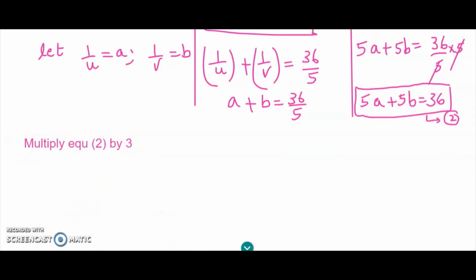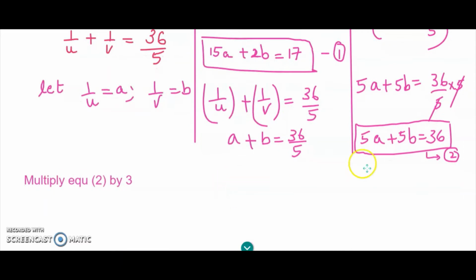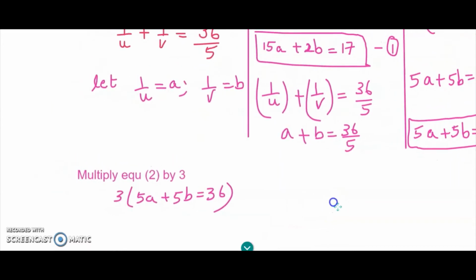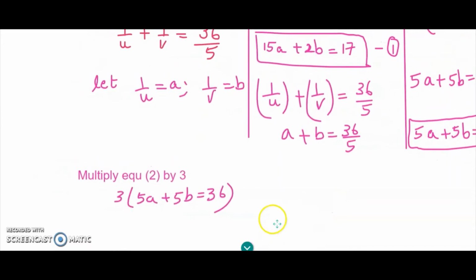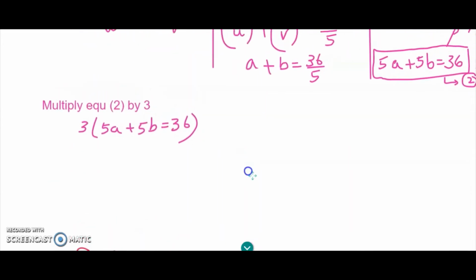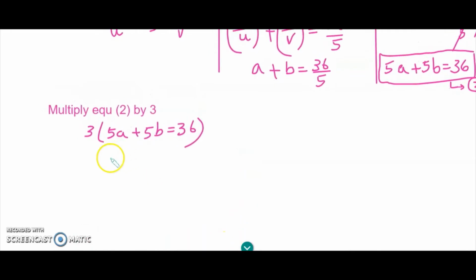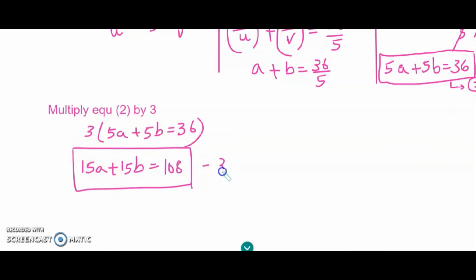Because equation 1 has 15a and equation 2 has 5a. So 3 times 5a plus 5b equals 36. So this will become 15a plus 15b equals 36 times 3, which is 108. That is my equation 3.